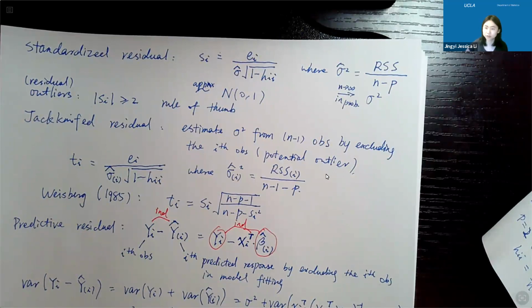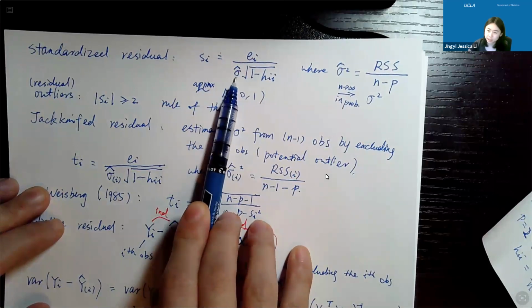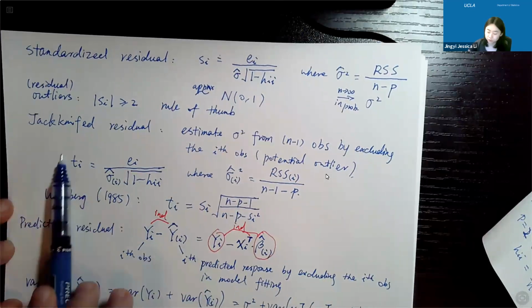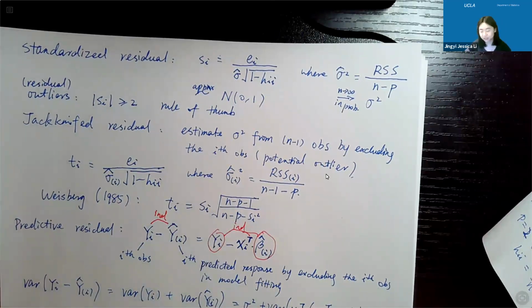If you believe there are no outliers, you're good. But if you believe there are potential outliers and you want to use residuals to rule out those outliers, then you don't want to include outliers in your estimation of sigma. That's why we are motivated to do the jackknife residual. That means to check whether the ith observation is an outlier, we don't include it in the variance estimation.